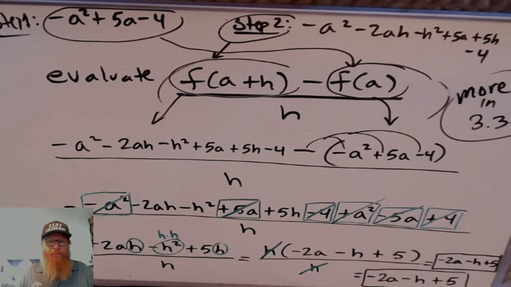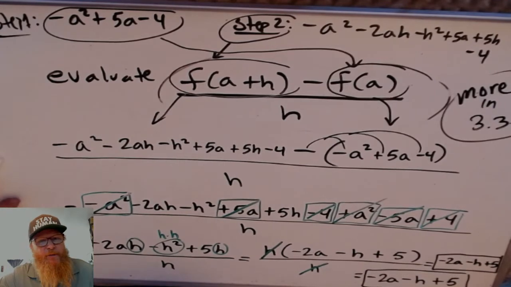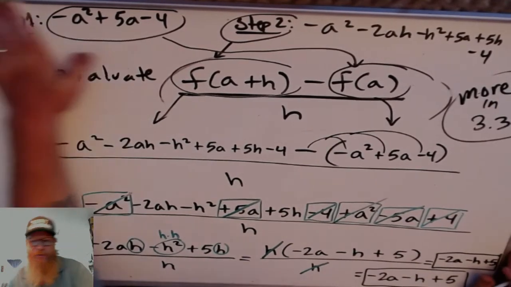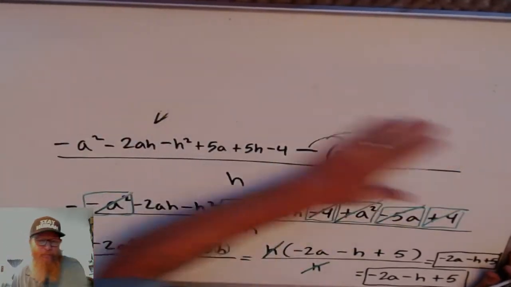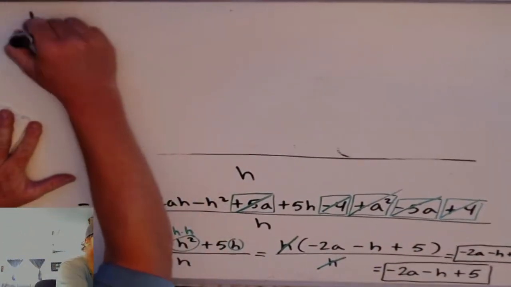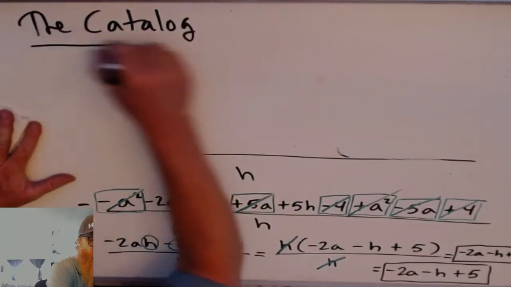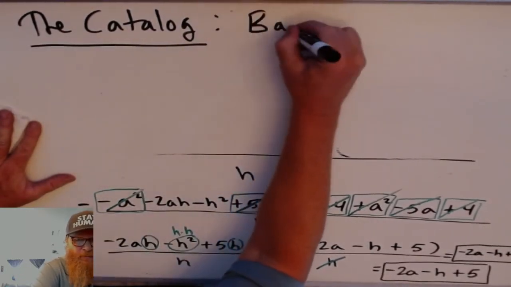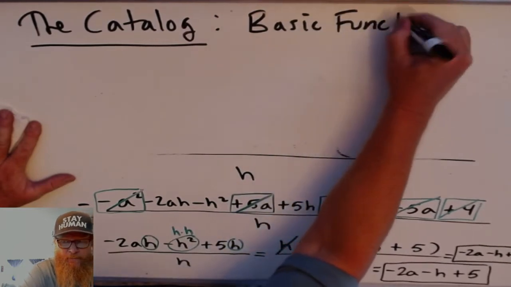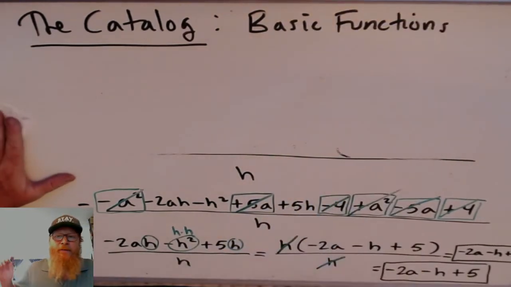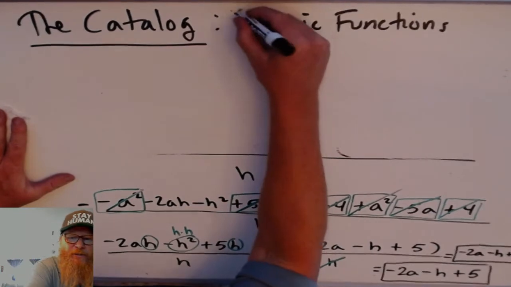Okay, this is a relatively short follow-up to 3.1, so I'm going to end today's lesson with what we call the catalog of functions. These are sometimes called basic functions.